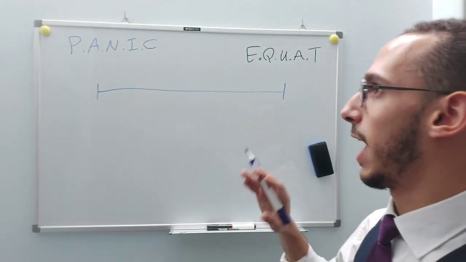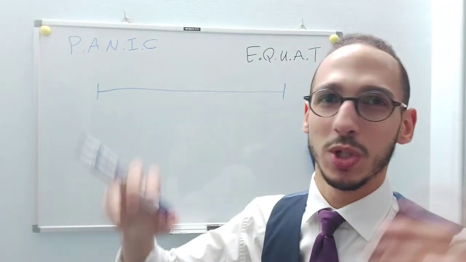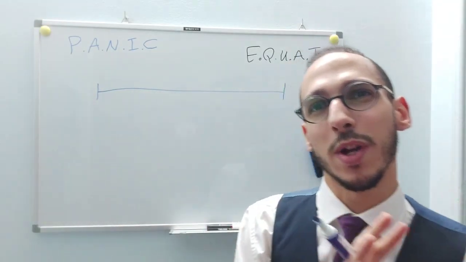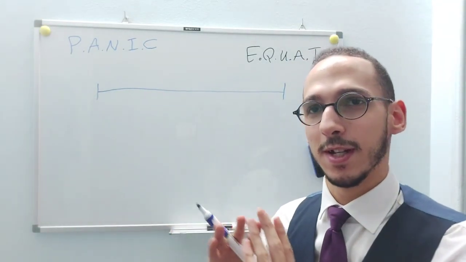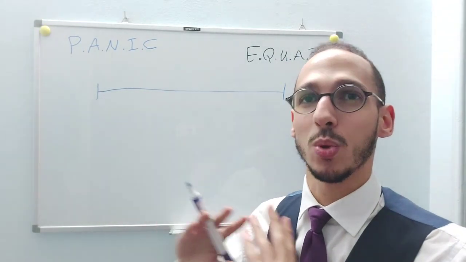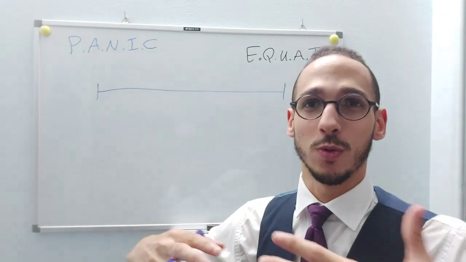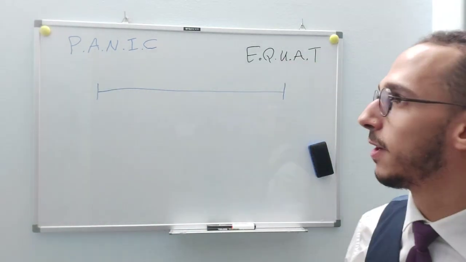So it's not like key points or nodes, it's more so a gradual event or a gradual process, a natural flow, if you will.